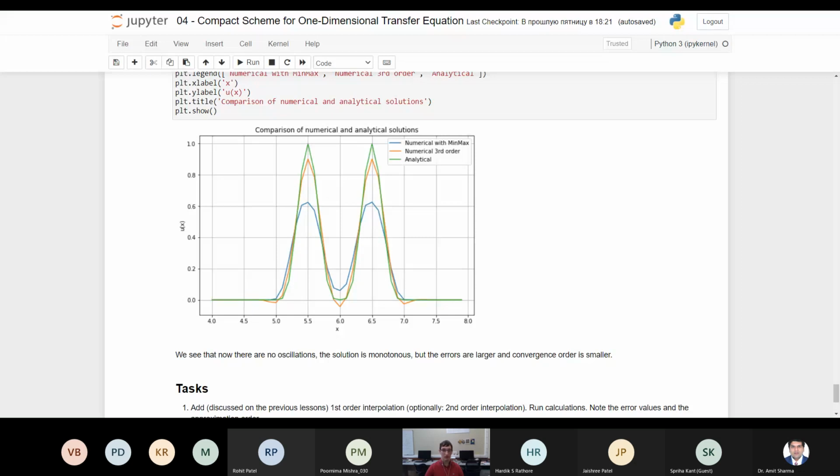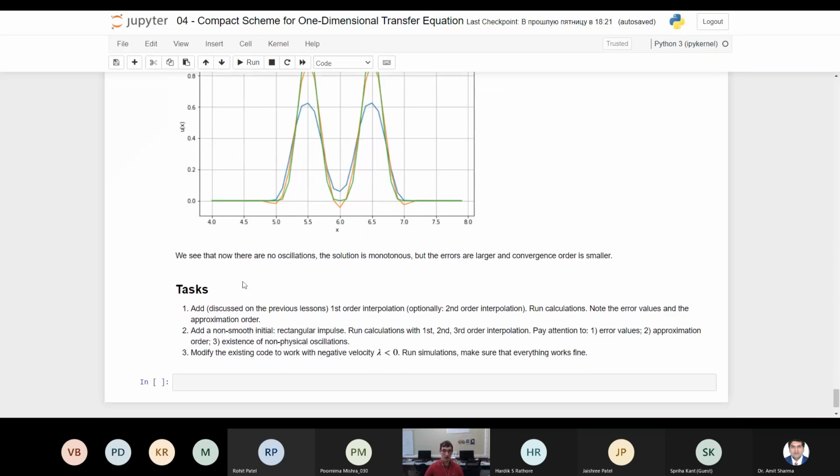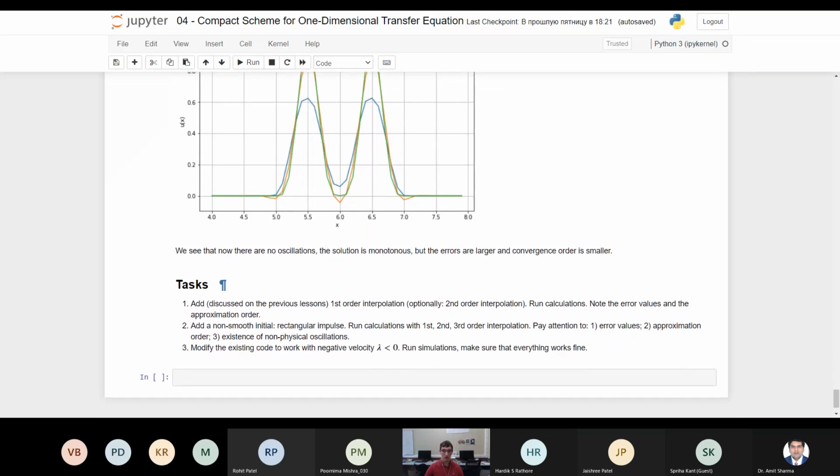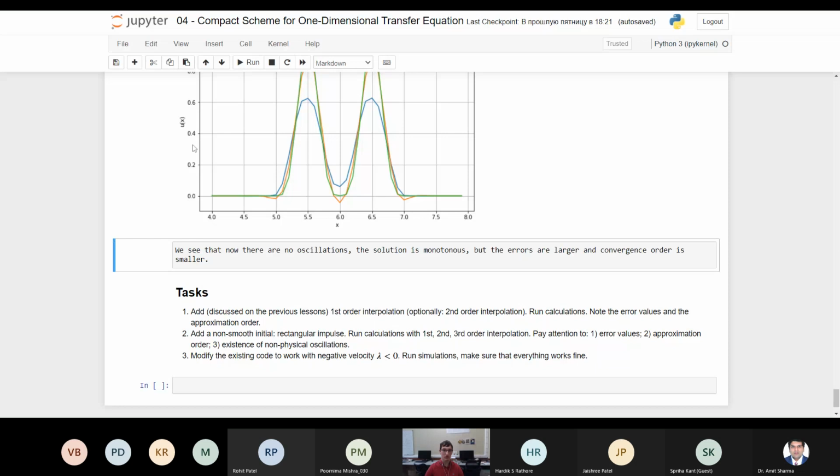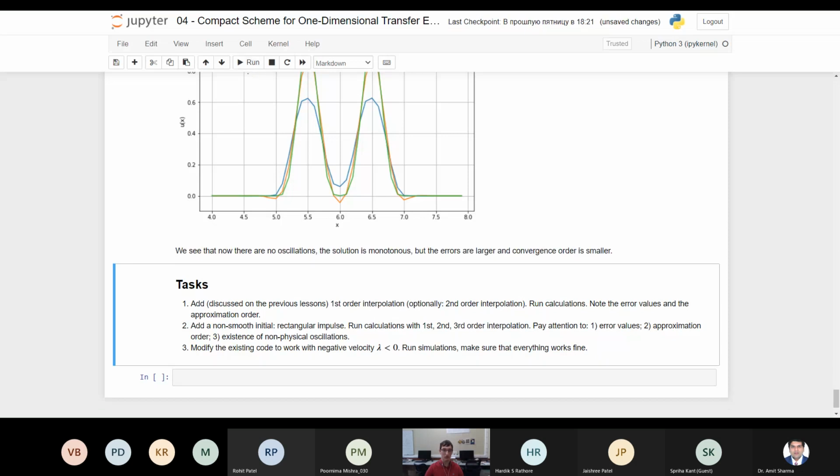So yes, we lose a lot in terms of accuracy and in terms of convergence order, but no negative values are reconstructed, and the values of the blue line can be considered more physical. So that's all the new information that I wanted to tell you about today.